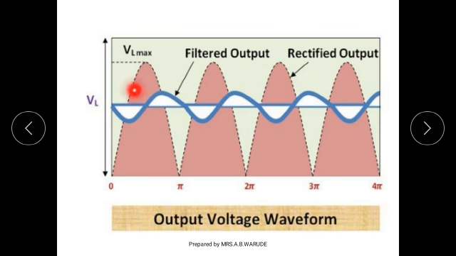And this graph shows the output voltage waveforms for input as well as output. Here for this choke filter we use the rectifier output, and here these are the rectified outputs, they are input to this filter.